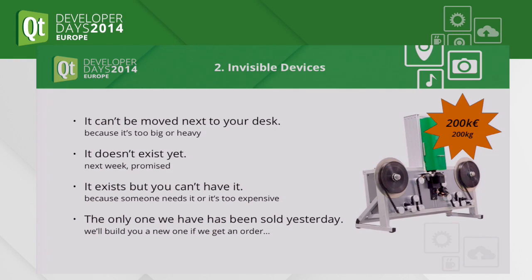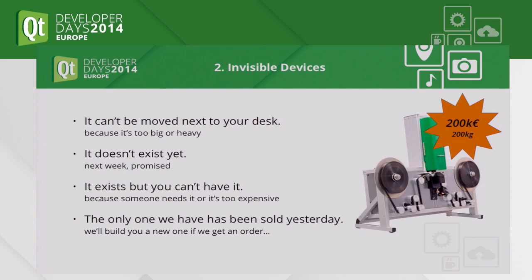An invisible device might also be something that doesn't exist yet. You probably already worked with hardware people who told you, "Yeah, almost done. Next week you will have it." And most of the time, that was 4 months ago. It may also be a system that already exists, but you can't have it. Why?